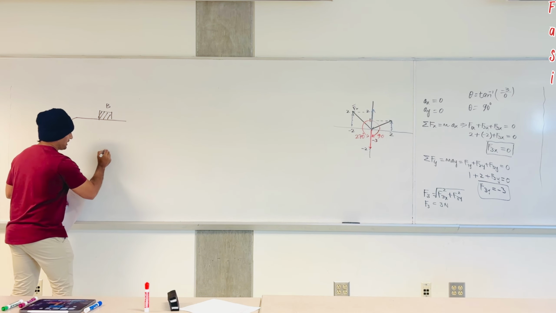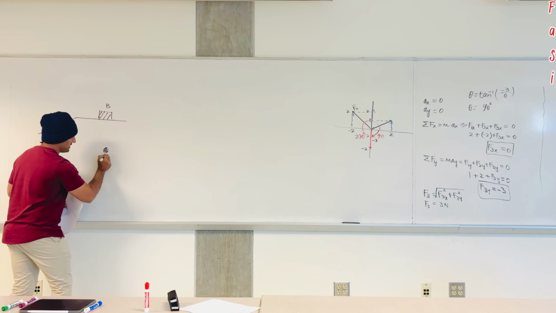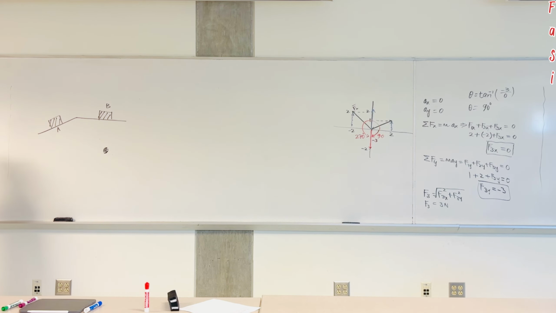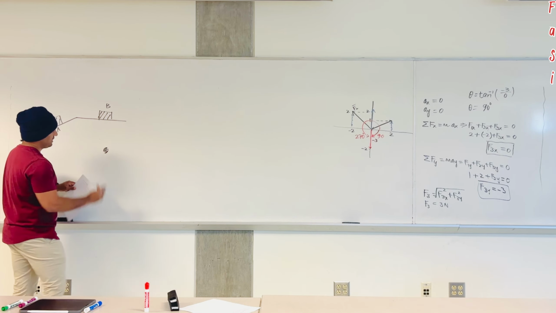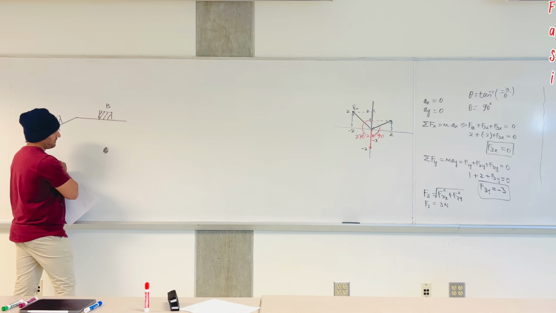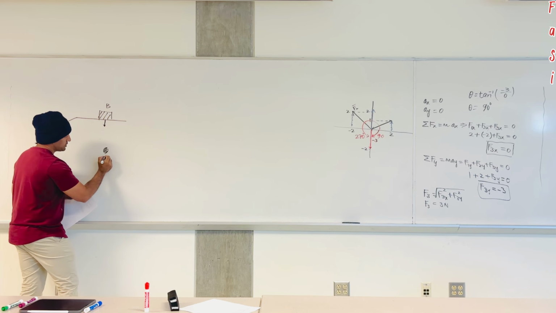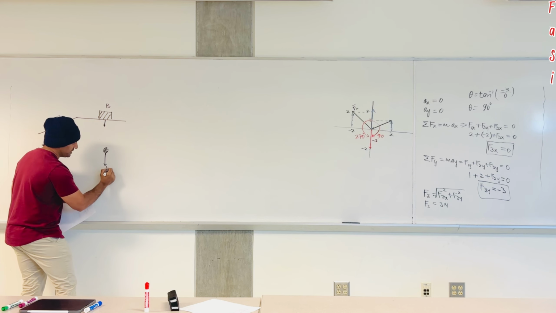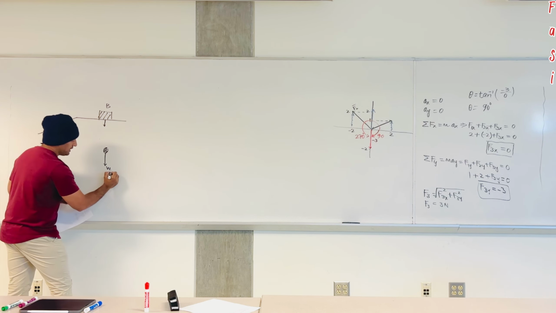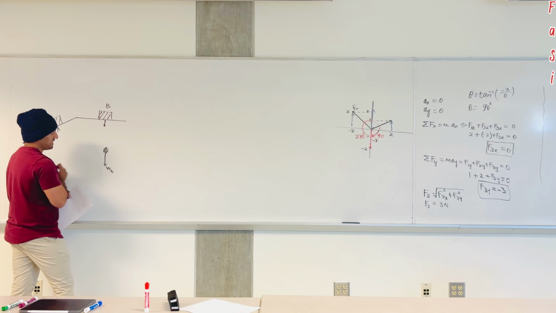So if I'm going to represent this mass B, this is the representation of mass B, just a point. I have shown it bigger, but you can make it as small as you want. So this is mass B, and we can see that its weight is in the downward direction. So we have the first force W, which is the weight of this mass B, in the downward direction.